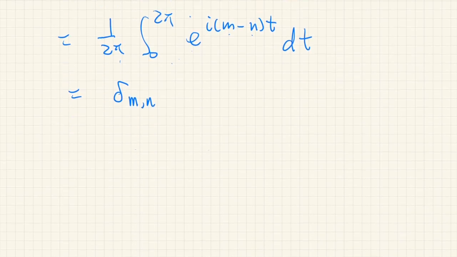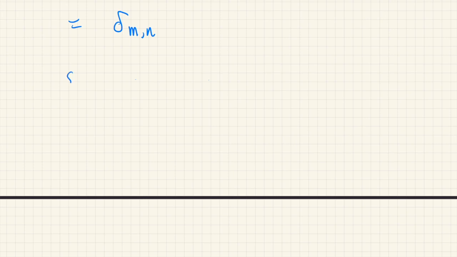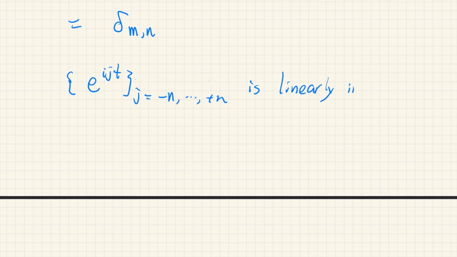Now, using this fact, we can show that the set of exponential functions, exponential of ijt, where j varies from negative n to positive n, is linearly independent. So what do we mean by this being linearly independent?